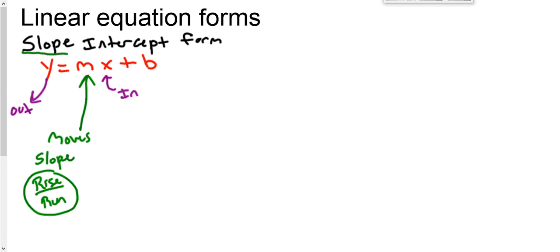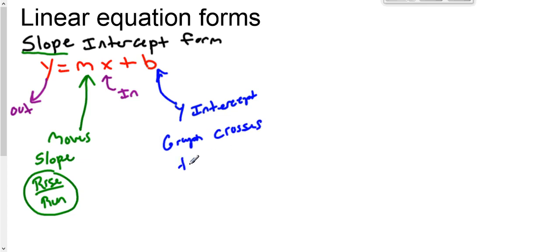B was the y-intercept, where the graph crosses the y-axis.